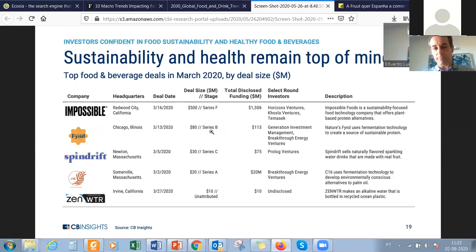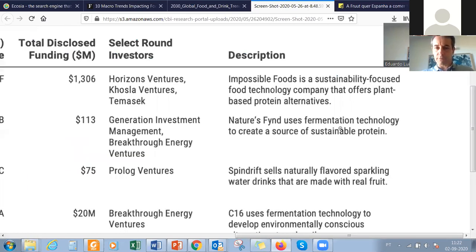There's a second one that is a much smaller company that was able to get $100 million, and this is a company focused on fermented products that could be a source of protein. So it also gives us a kind of trend.